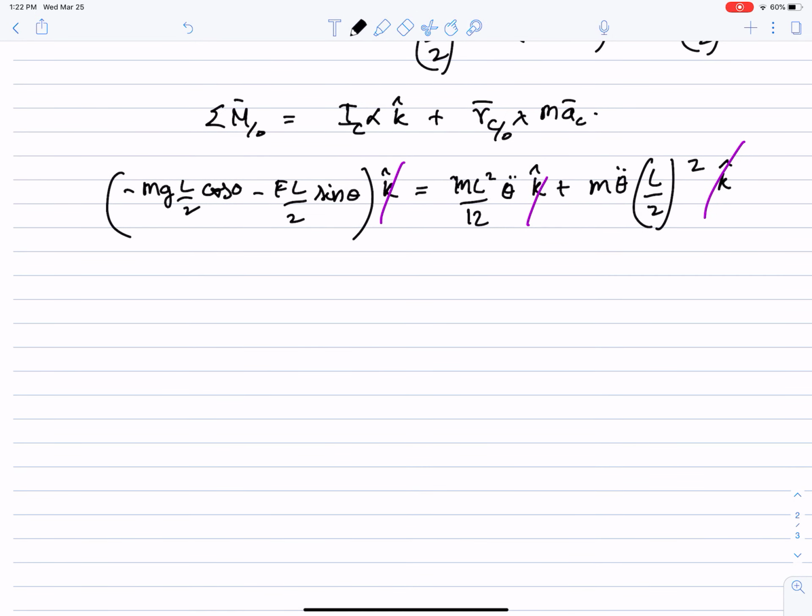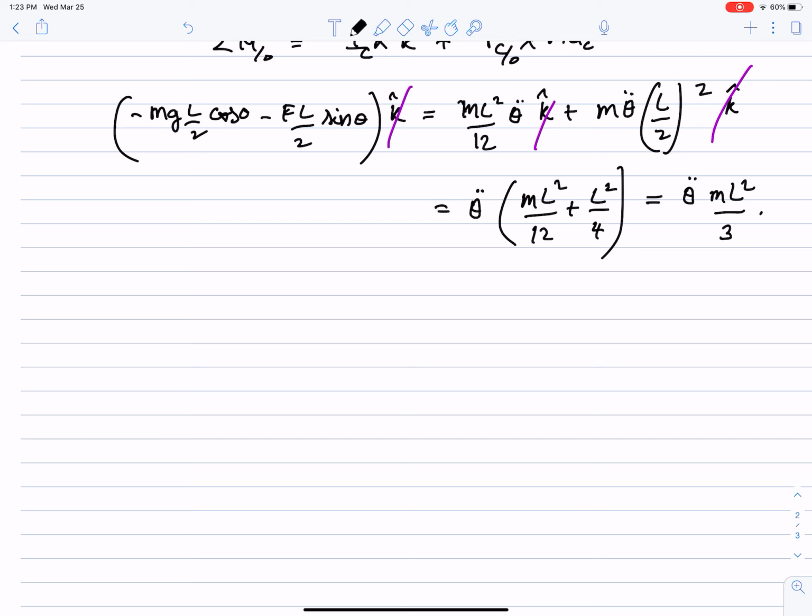So what do we have? Here we can group terms. You can say it's equal to theta double dot m times L squared by 12 plus L squared by 4. If you do the simplification, you will notice that it's equal to m L squared by 3. So that's what we get on the right-hand side.